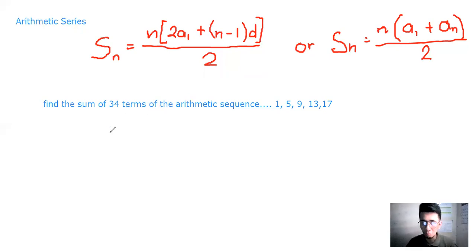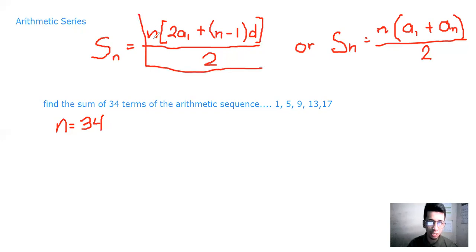Una muna, alamin natin yung mga given. Si n, anong value ni n natin? 34. Because yung n natin, that is the nth term, and 34 yung pinaka-last term natin. So, 34 terms yung ating n. Okay? Then, si a sub 1, what is our first term? 1.